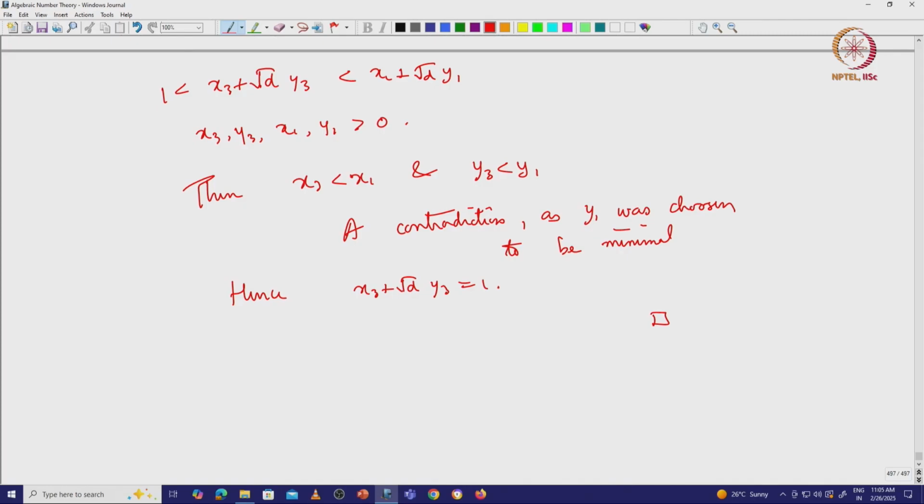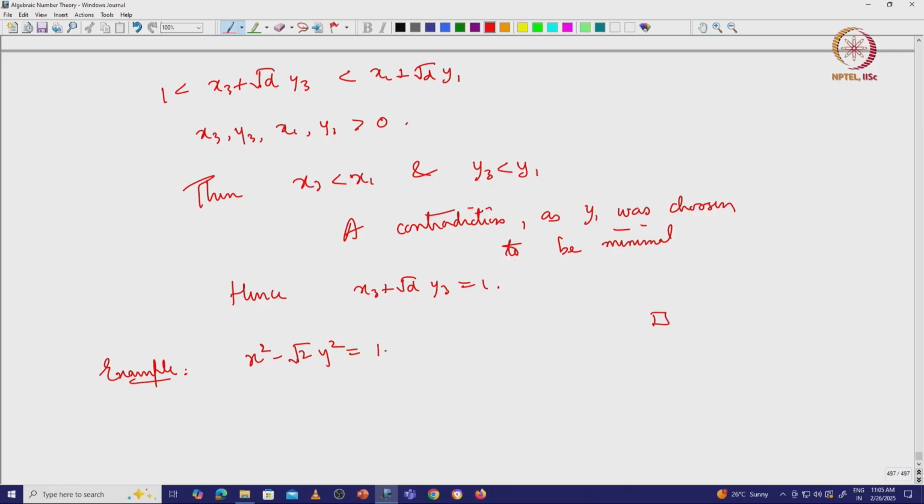Okay. So, this tells you that you should find a solution with y1 minimal, right. To produce all solutions, you should find a solution where y1 is minimal. So, let us look at an example again, go back to our square root of 2 example. So, x squared minus 2 y squared is equal to 1, right.